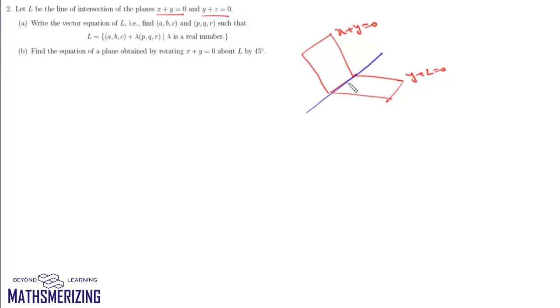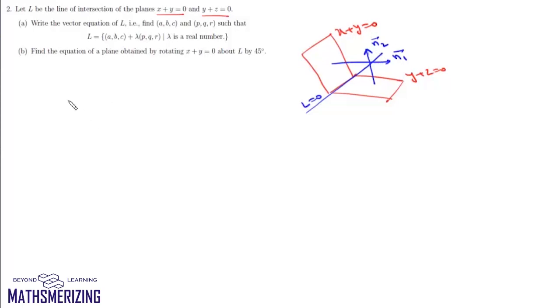Now since the line of intersection lies in the plane, this line of intersection will be perpendicular to the normal of the first plane, and it will also be perpendicular to the normal of the second plane. Basically when we have a vector which is perpendicular to two given vectors, we use the cross product.